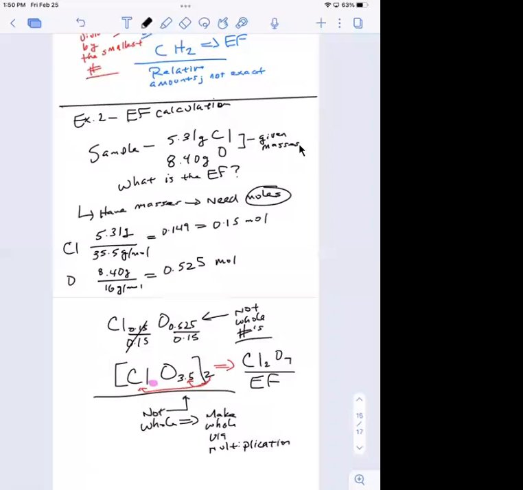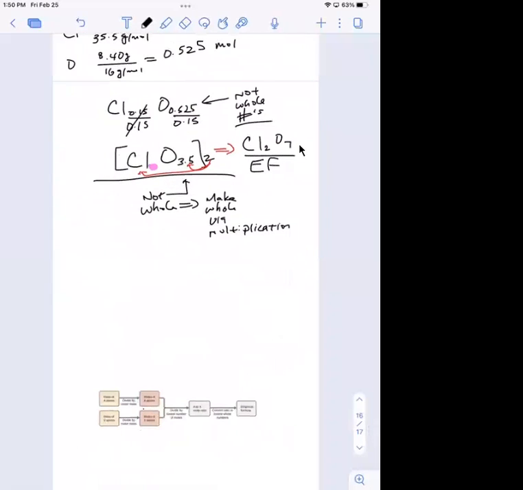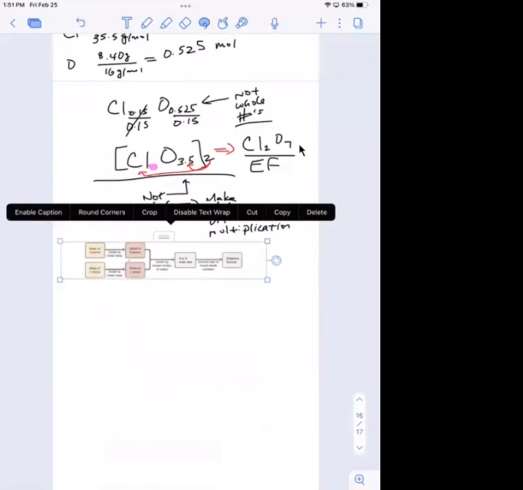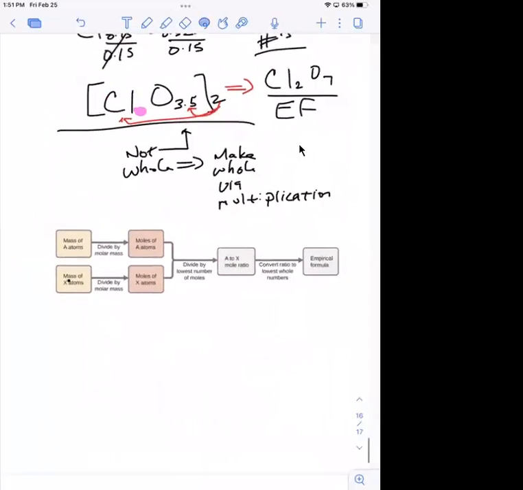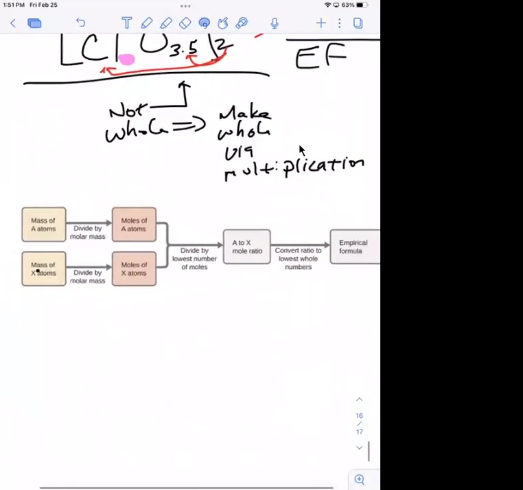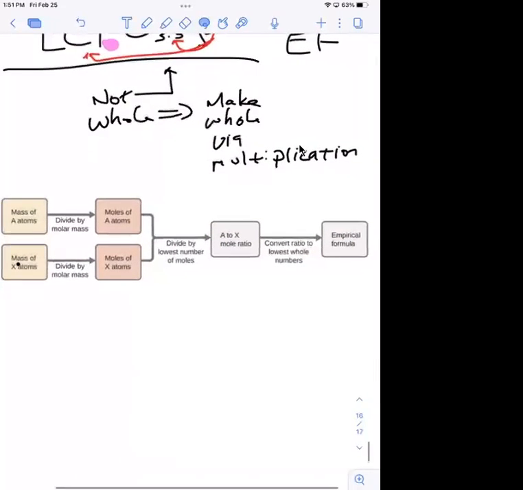All right. We're going to stop here. I gave the class this morning a little problem to work on over the weekend, but let me show you this diagram that I've been moving the whole time. So this is basically the strategy for calculating empirical formula. You want to take the mass of the atom and divide by molar mass. That's how you get moles, right? So you see here you got moles, and then divide by the lowest number of moles, and that'll give you your ratio.